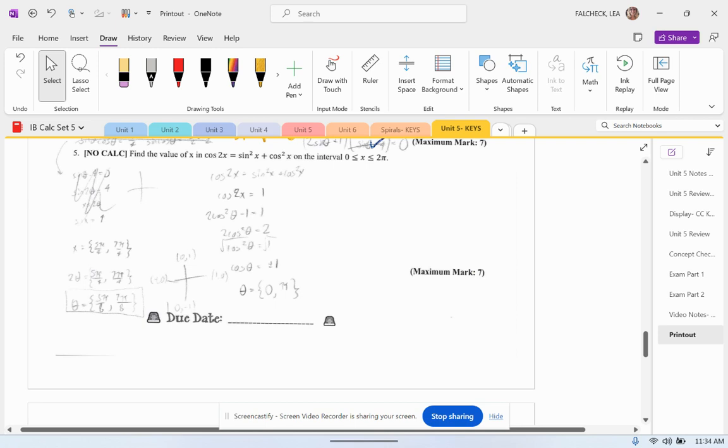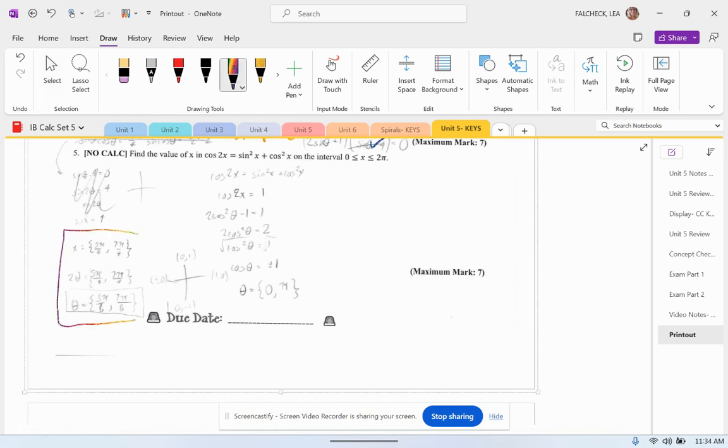Okay, question 5. You had 0 and pi. I'm not sure where this piece came from. Let's work backwards. Okay, so we have cosine theta is equal to plus or minus 1. I did not get that. Let's see what we did here.